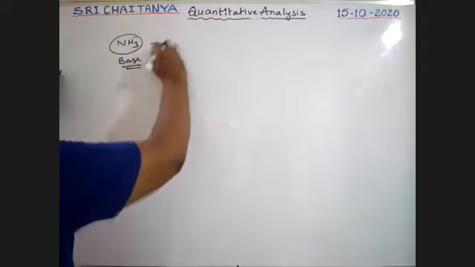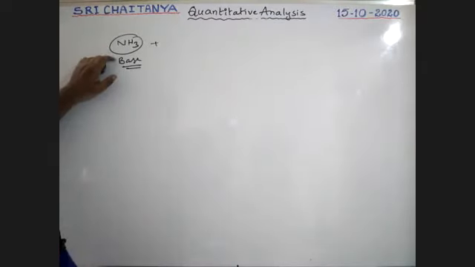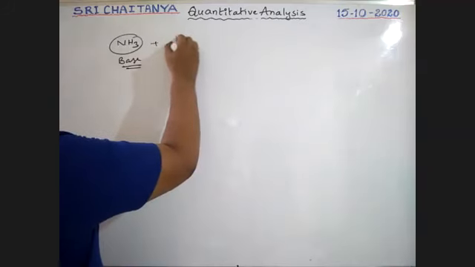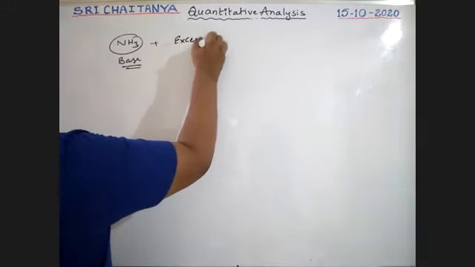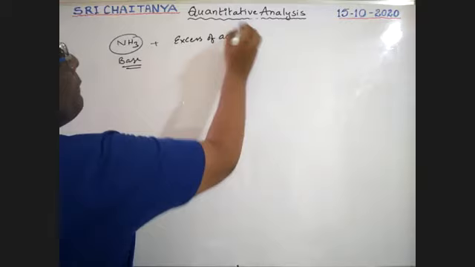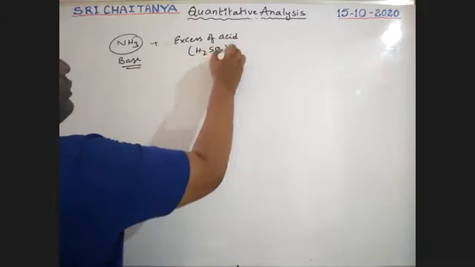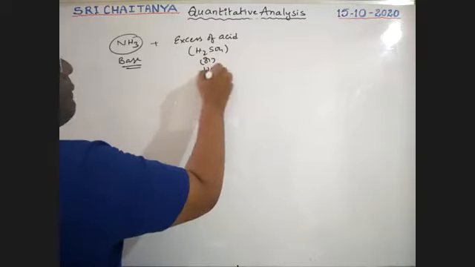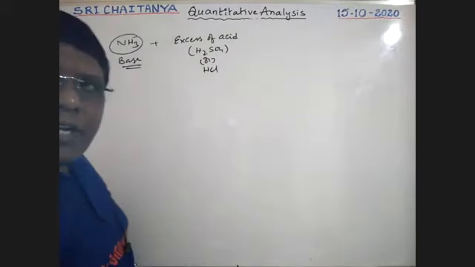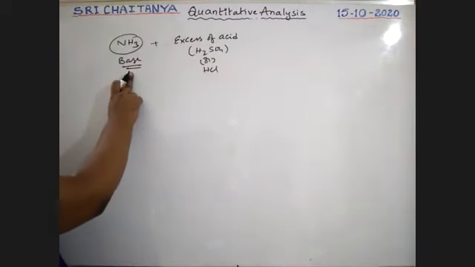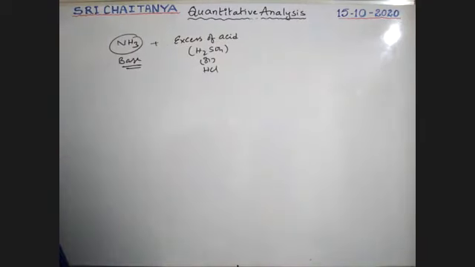This liberated ammonia is treated with excess of acid. That acid may be H2SO4 or HCl. Any one of these two acids is used. So that liberated ammonia is treated with excess of acid.